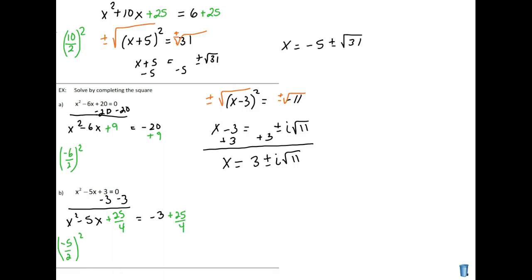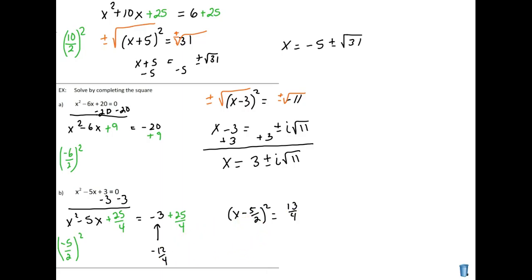So then what I have now is x minus 5 halves, and that's the whole quantity squared. And then on the other side, this negative 3 is the same as negative 12 fourths. So 25 fourths minus 12 fourths gives me 13 fourths.